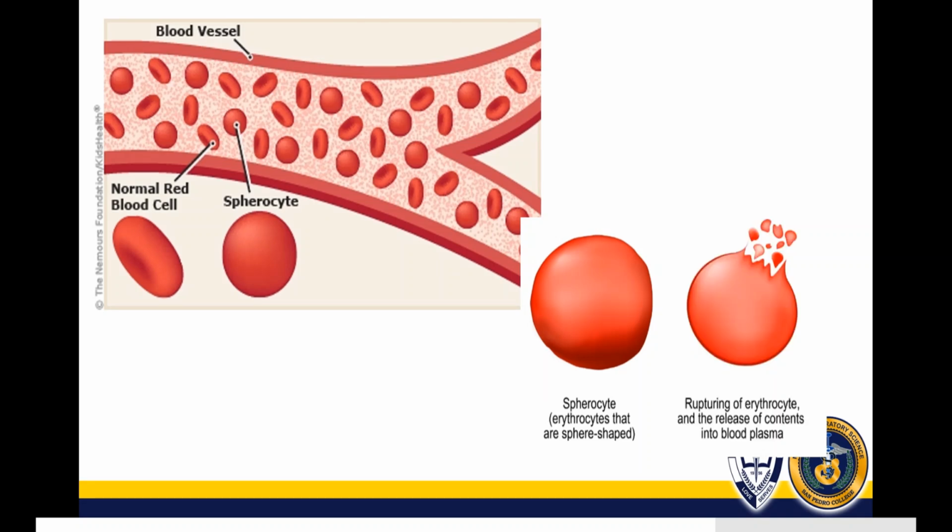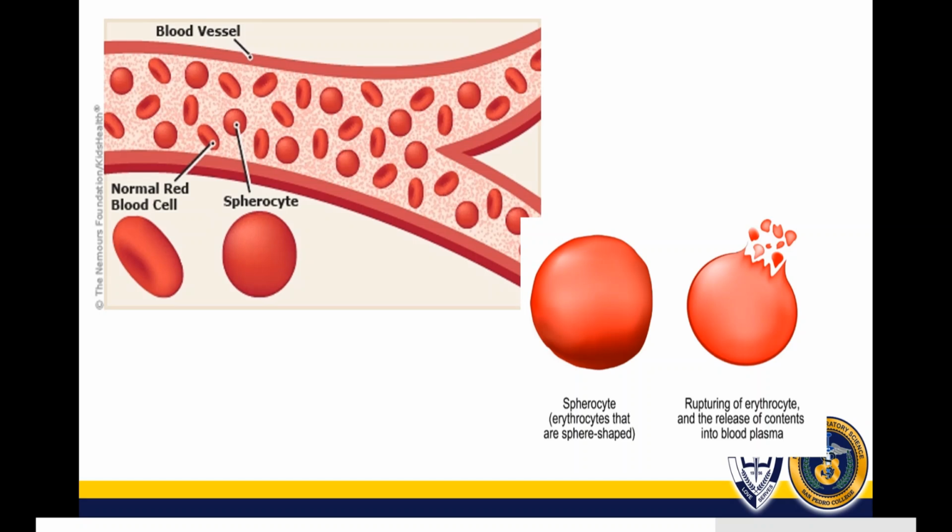It cannot take in water as much as the normal RBC, because a spherocyte will not be able to expand as much as a normal RBC. The normal RBC, having a biconcave shape, can take in more water because it can expand a lot more.